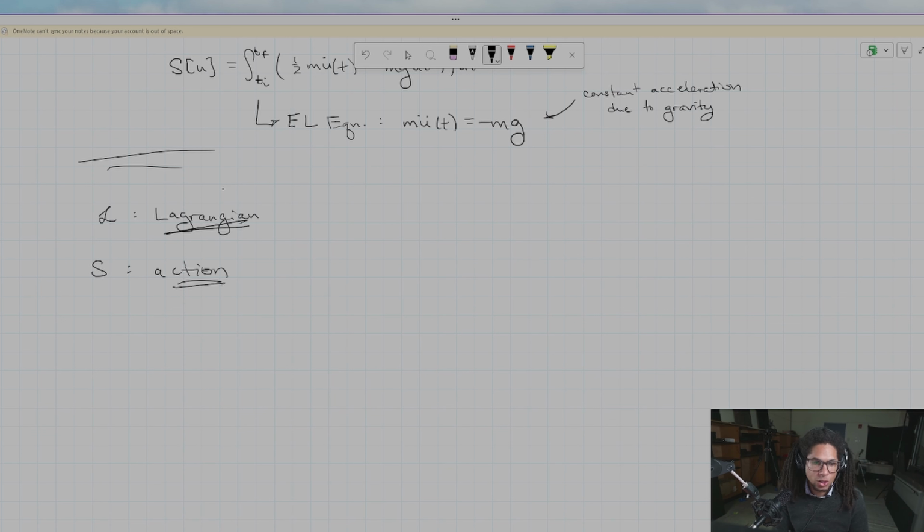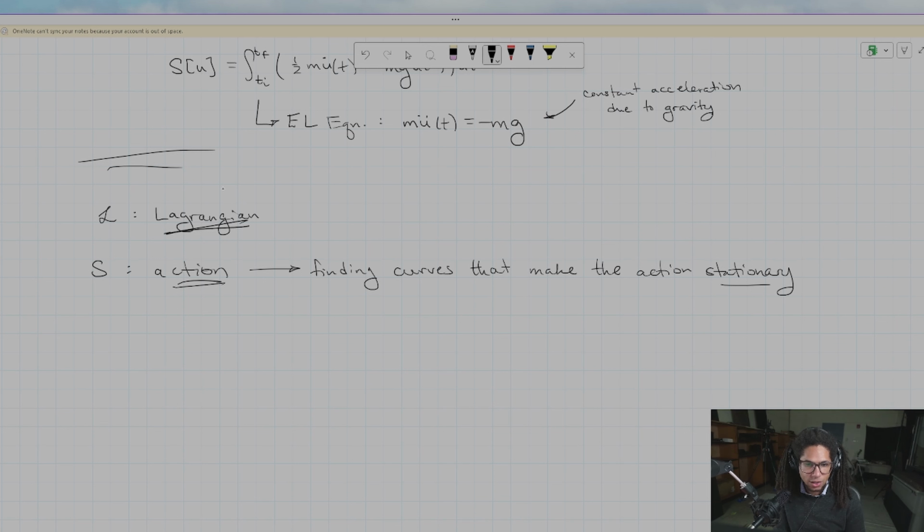And so what we're doing is finding curves that make the action stationary. Trying to solve for trajectories in this way is called Hamilton's principle, or the idea that a physical trajectory should be one that minimizes the action, I should say, or makes the action stationary, is called Hamilton's principle.